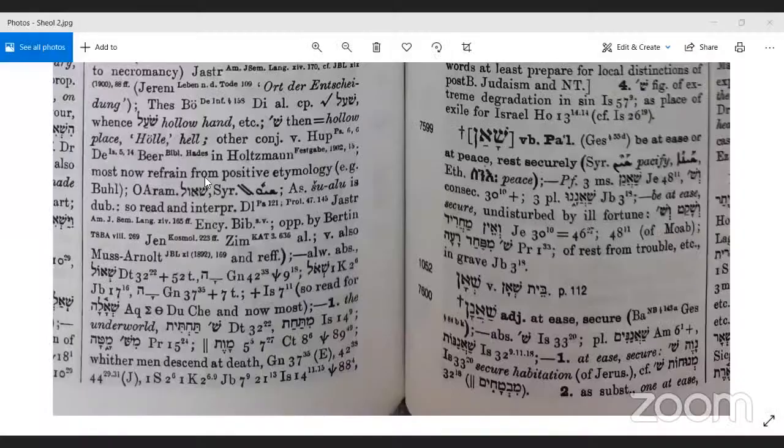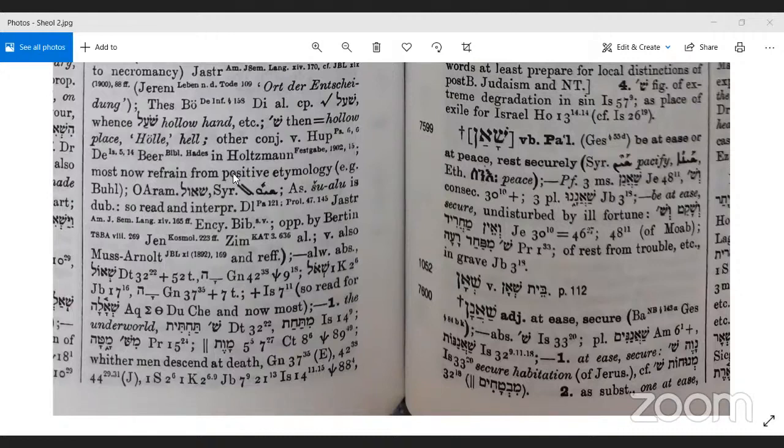Sorry, y'all. You got kicked out again? Yeah. It says most now refrain from positive etymology. So I'm thinking what they mean by positive etymology is denotative meanings or just plain etymology. So if there's a positive etymology, there's got to be a negative etymology, right?